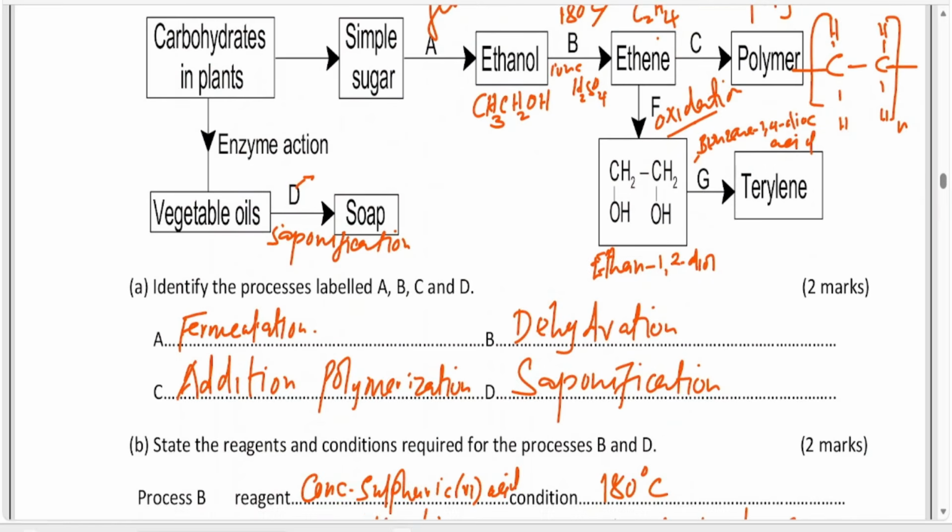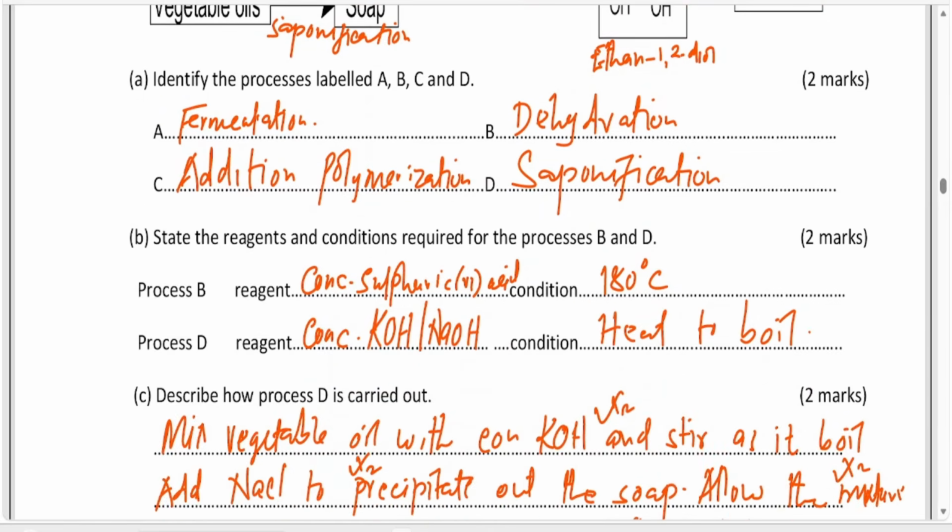Then process G is polymerization. This is what we call condensation polymerization that leads to formation of terylene. And the reagent, as we saw before, is benzene-1,4-dioic acid.